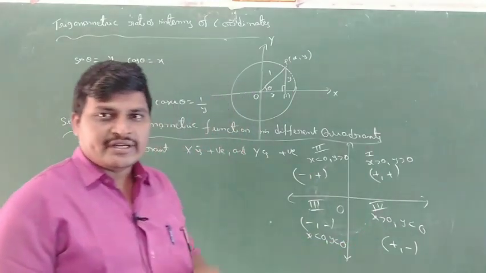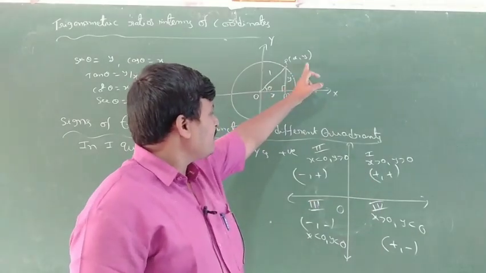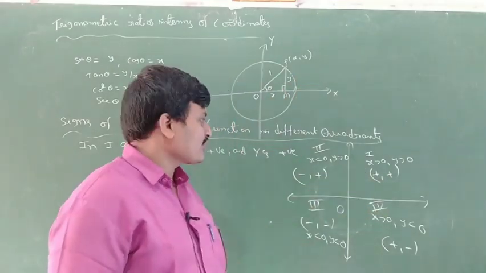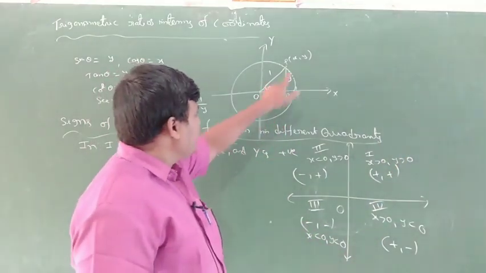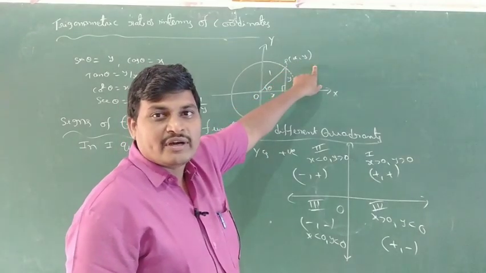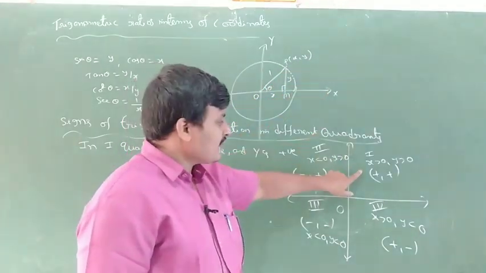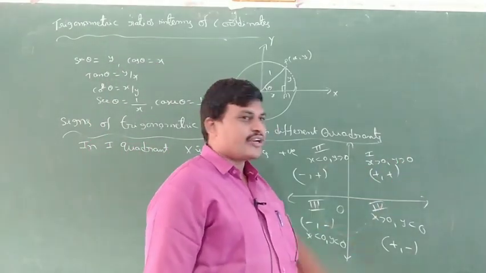In P x comma y, x is called the x coordinate and y is called the y coordinate. In the first quadrant, all are positive, meaning x coordinate positive and y coordinate positive.